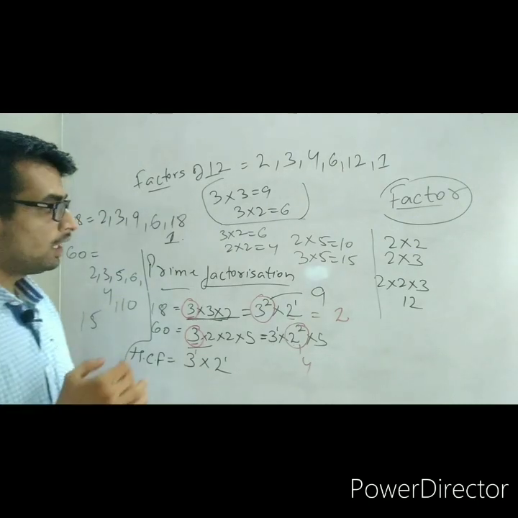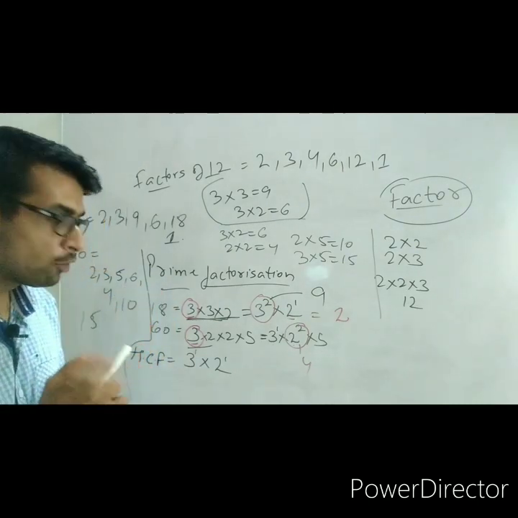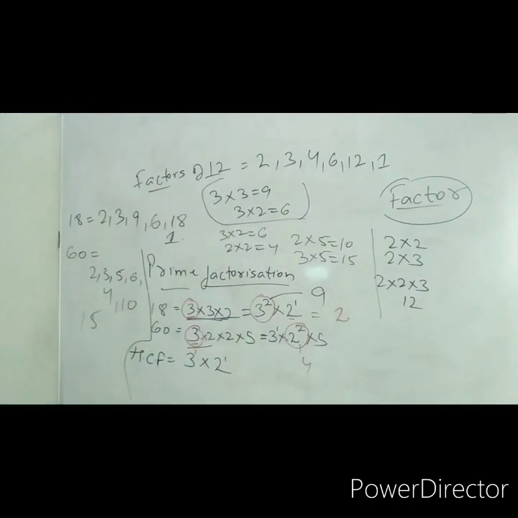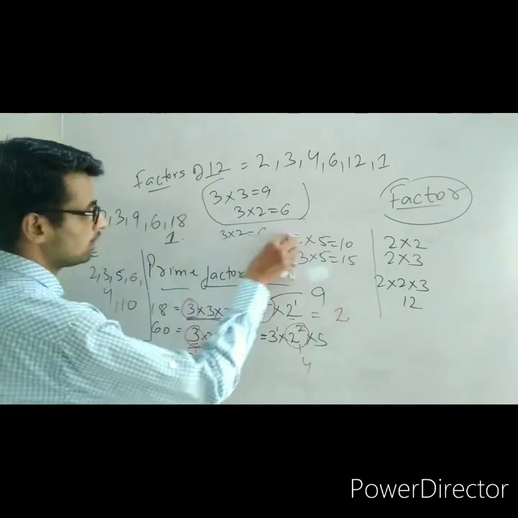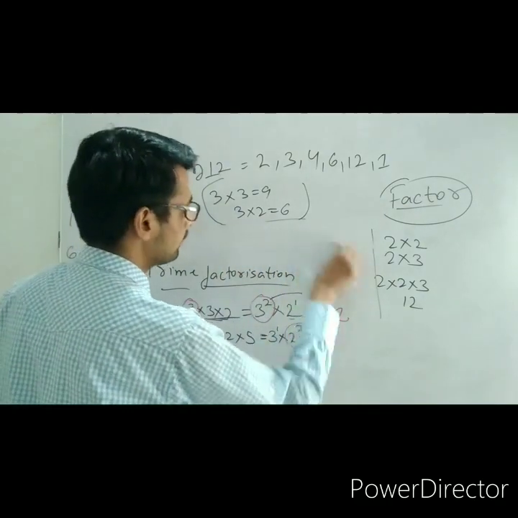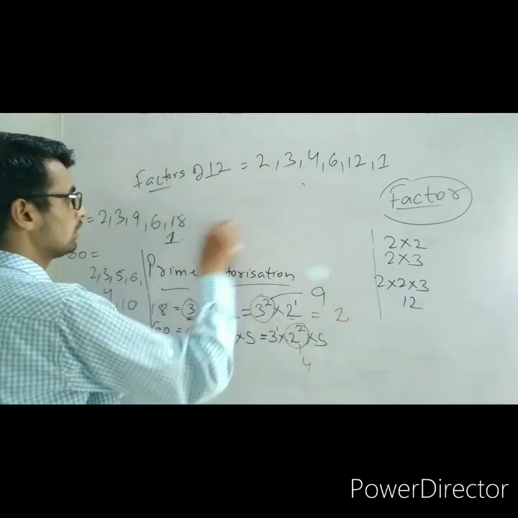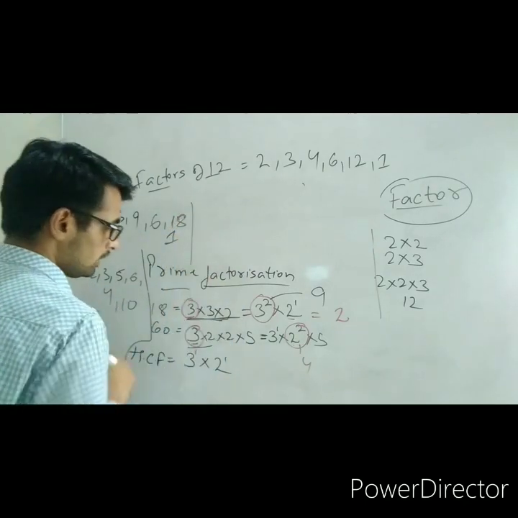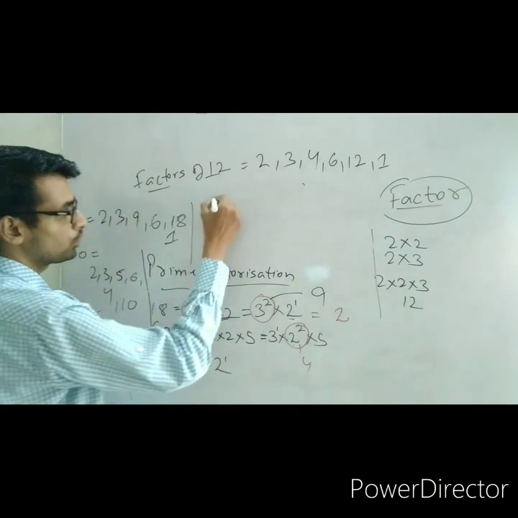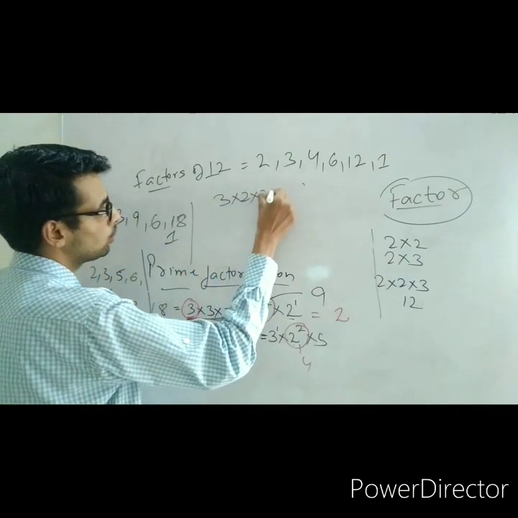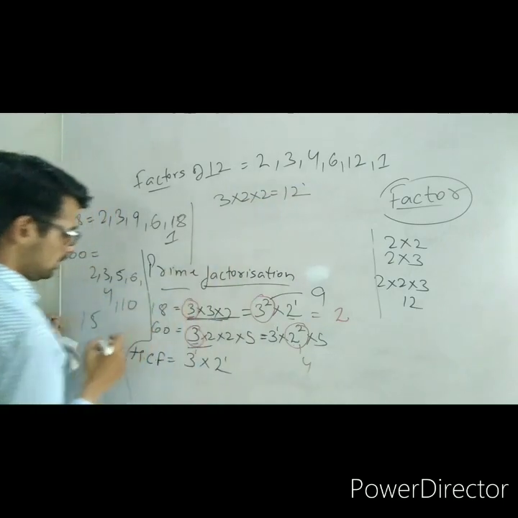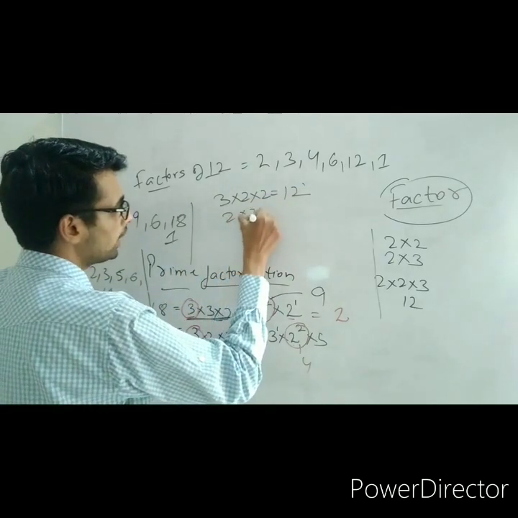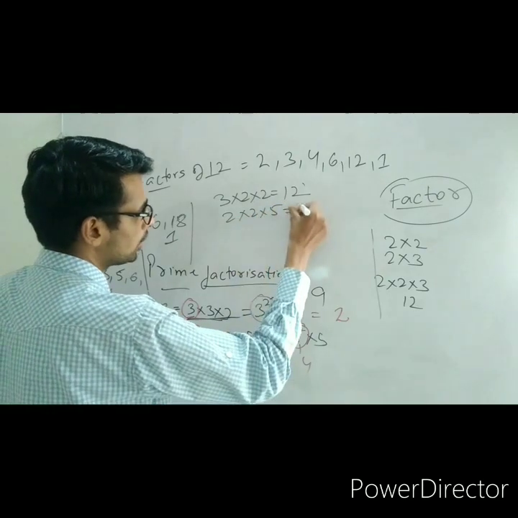Now we have to make combinations of 3 numbers. So 3 multiply 2 multiply 2, which is 12. So 12 is a factor of 60. 2 multiply 2 multiply 5, which is 20.